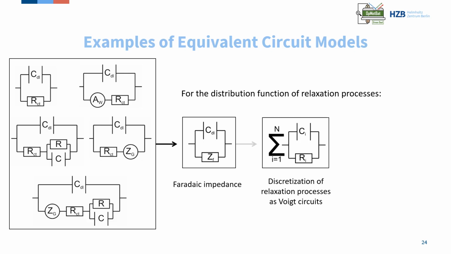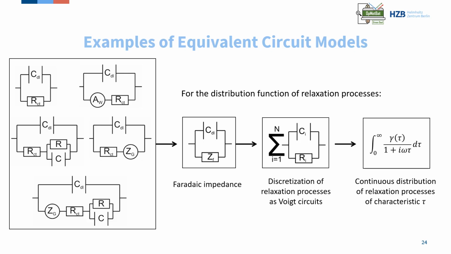For a simplification of the equivalent circuit modeling, complicated electrical circuits could be expressed as the sum of discrete contributions of charge transfer processes with characteristic relaxation times, represented as Voigt elements of RC units. These Voigt elements could also be expressed according to a continuous combination of the contributions of all processes with distinct relaxation times.